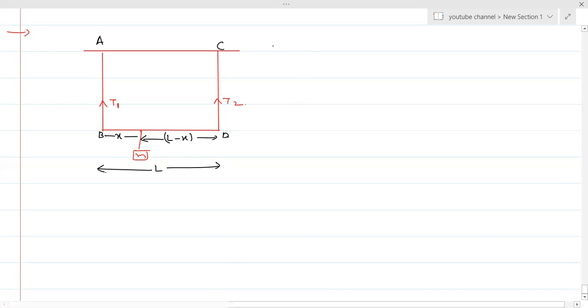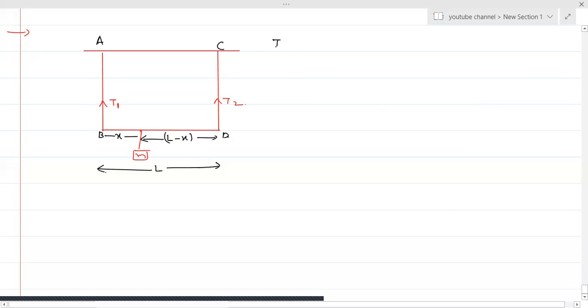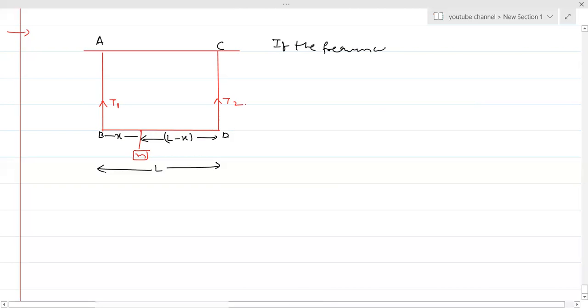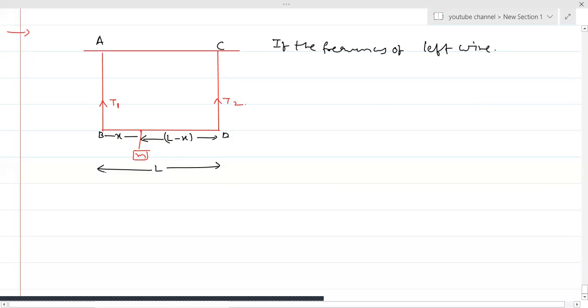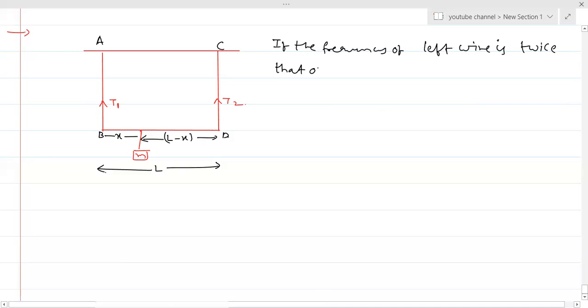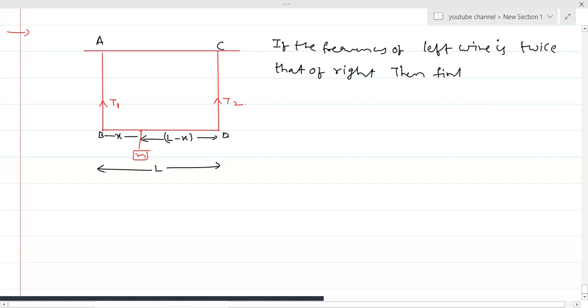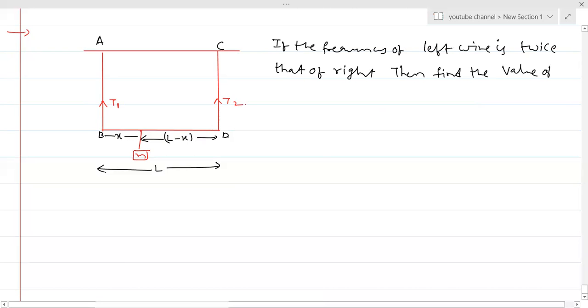Then the question is: if the frequency of the left wire is twice that of the right, find the value of x.